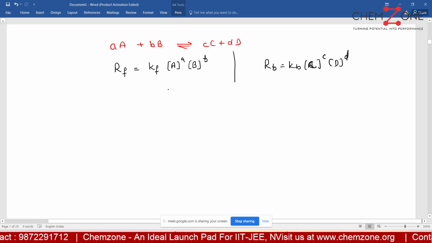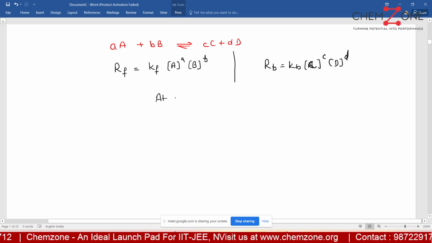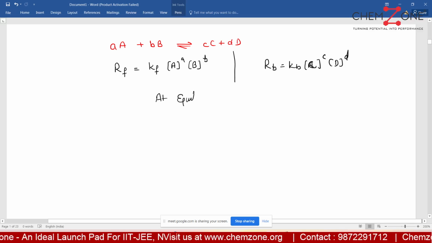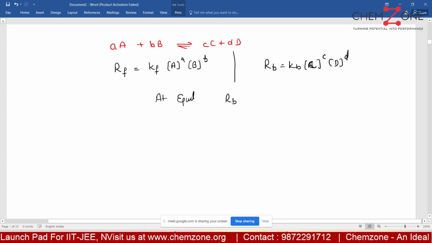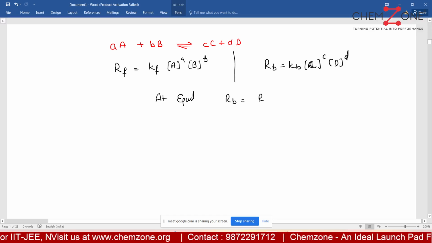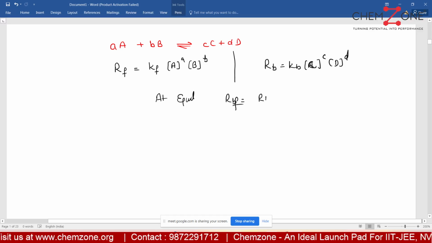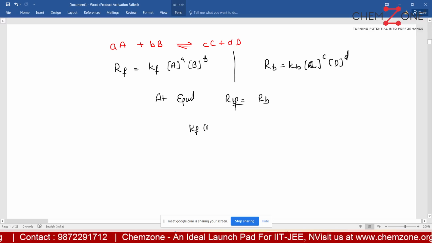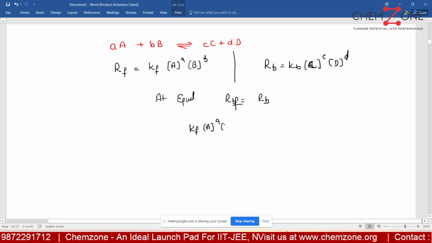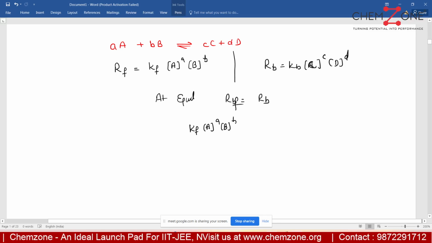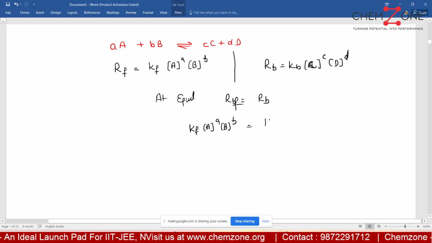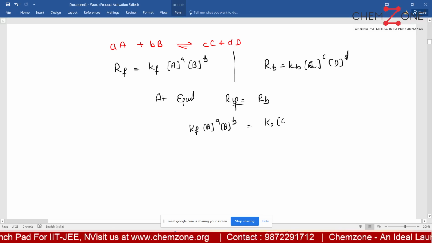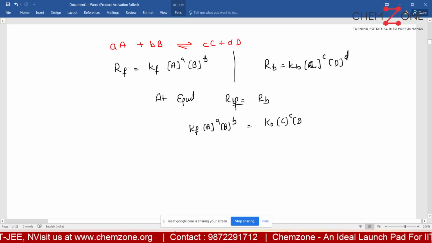Now, at the equilibrium, rate of forward is equal to rate of the backward process. So I can say Kf into A to the power a and B to the power b is equal to Kb into C to the power c and D to the power d.